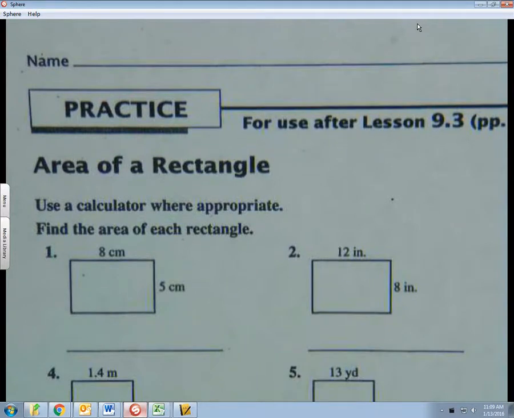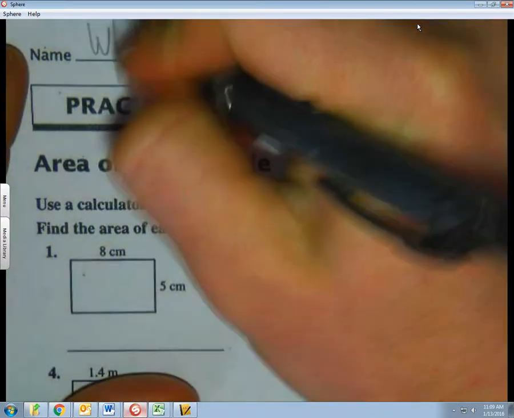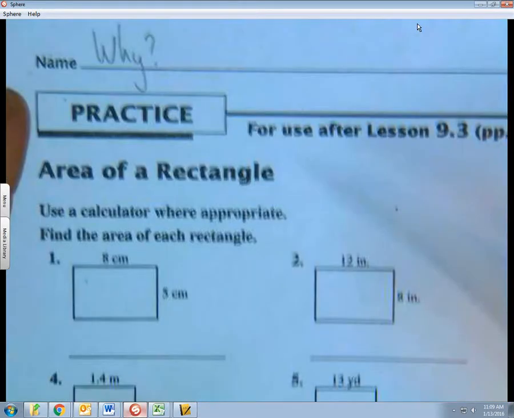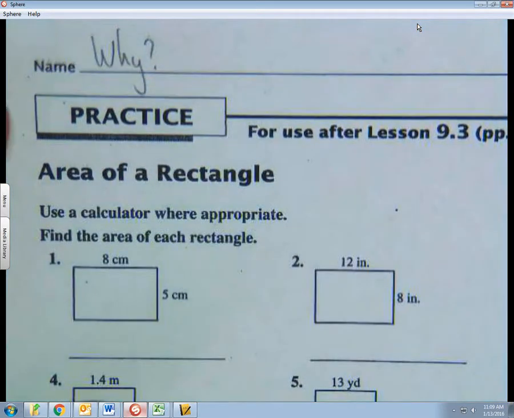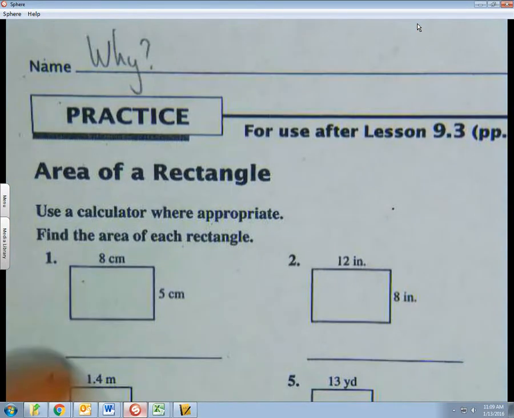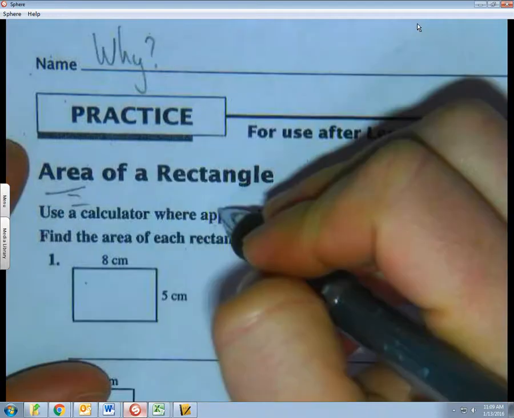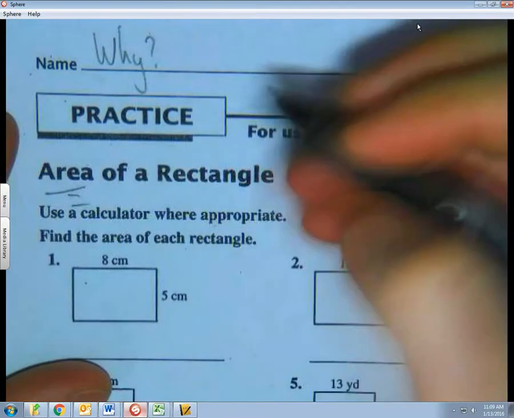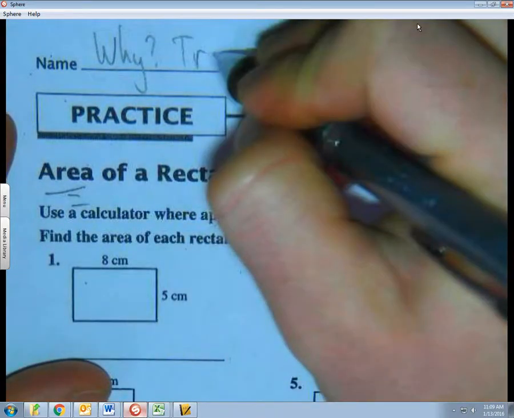Area of a rectangle. Why are we doing this? You should, as a rational member of society, understand the concept of area, especially area of a rectangle, and its applications in the trades and in your life.